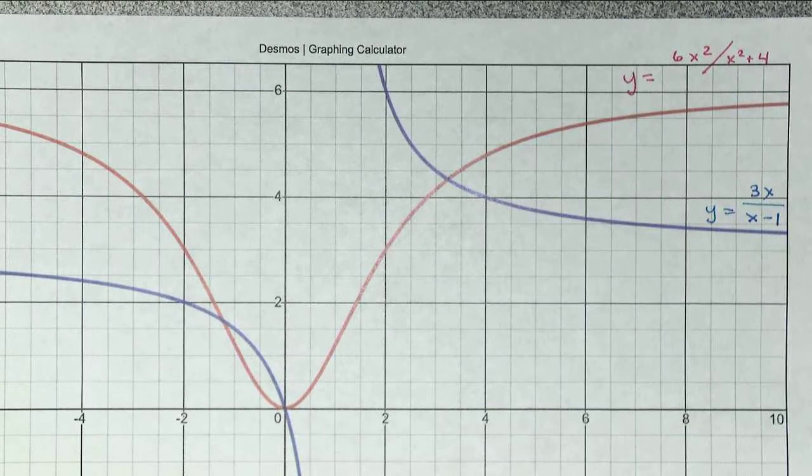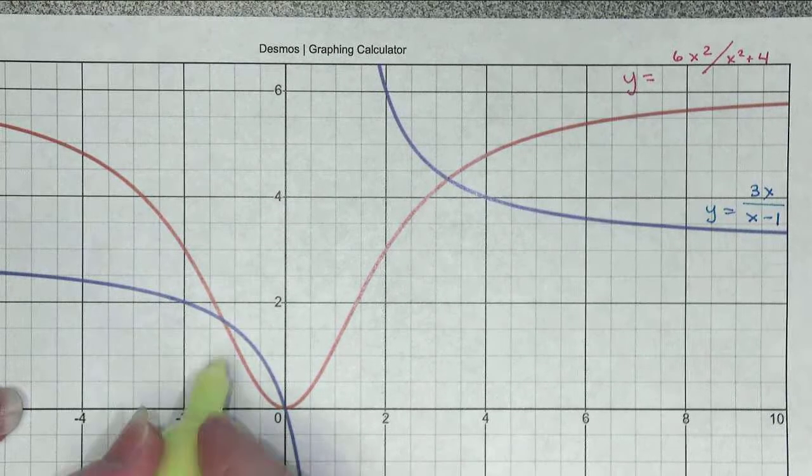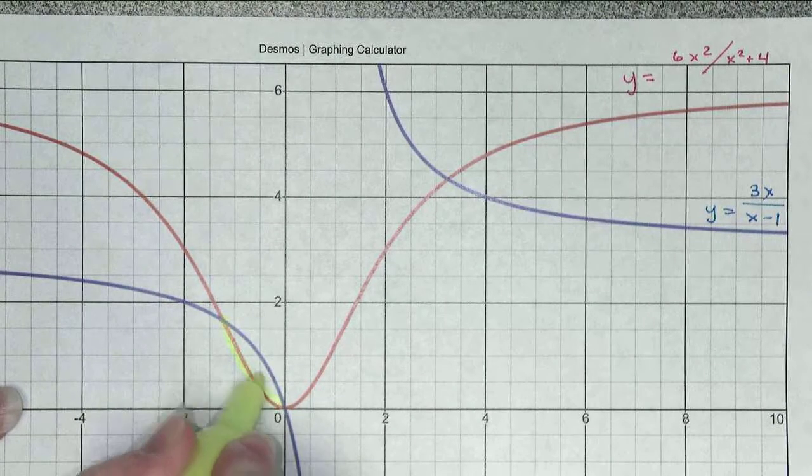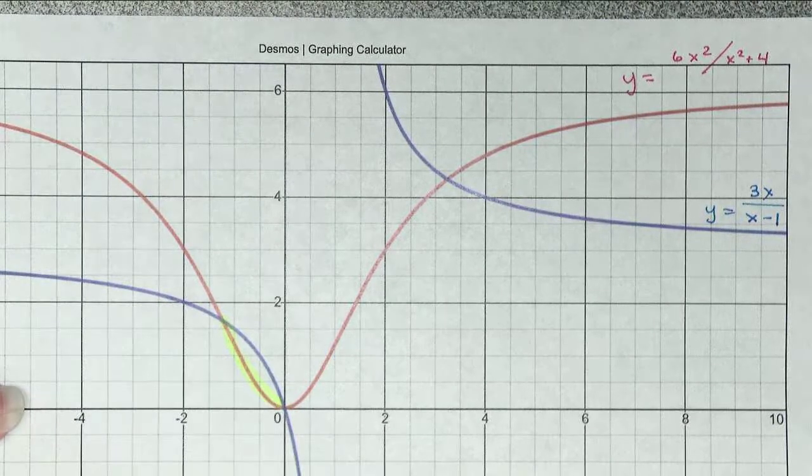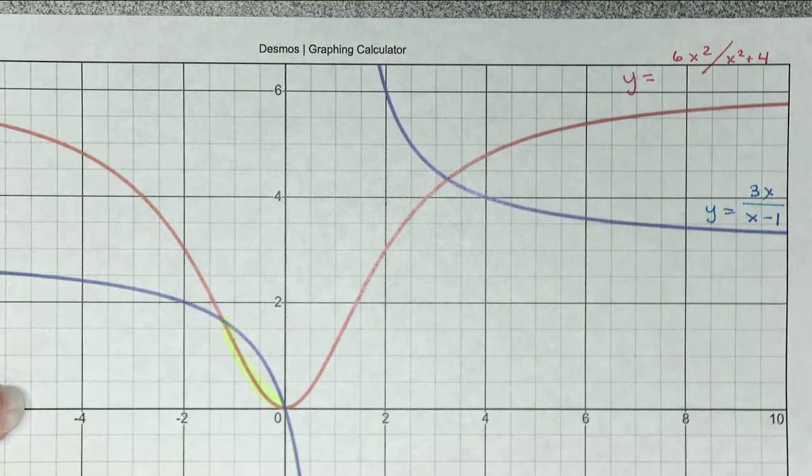And we wanted to know where the left, the one in red, is smaller than the one on the right, the blue. So red is smaller than blue in here. Not there for a while. And then let's see, red is smaller.